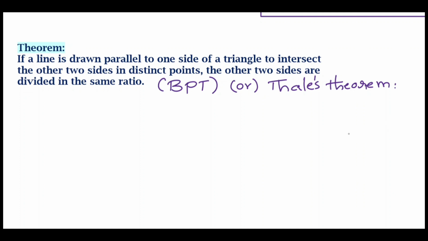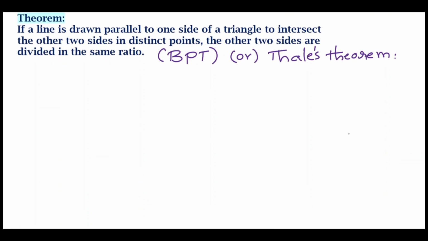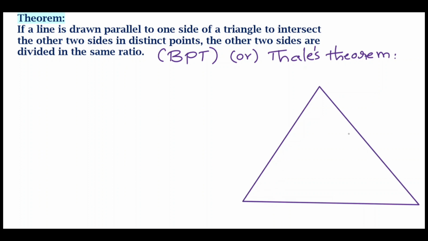Now, based on this statement, we will construct one diagram. Triangle ABC, and a line drawn parallel to one side of the triangle.